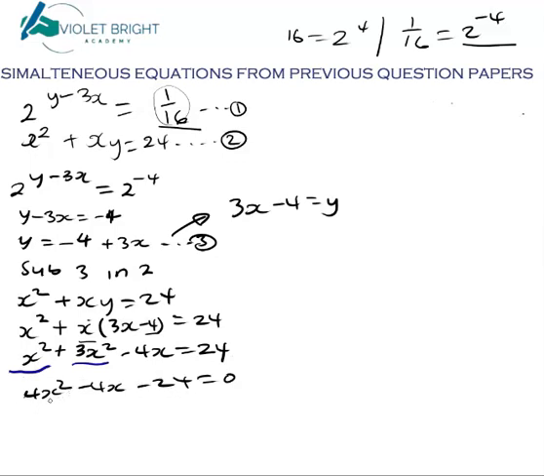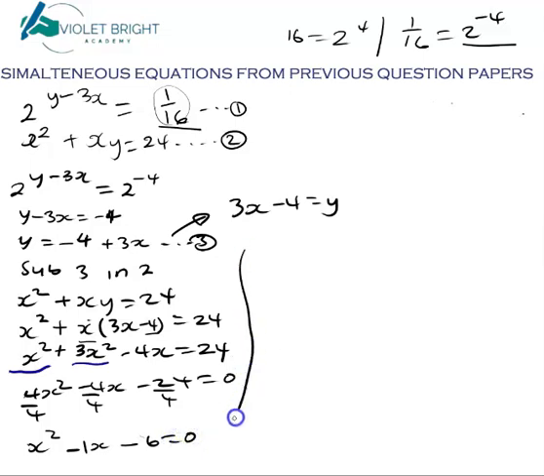We know that 4 is divisible here, so divide everything by 4. You know that here it's going to be x squared minus x minus 6.